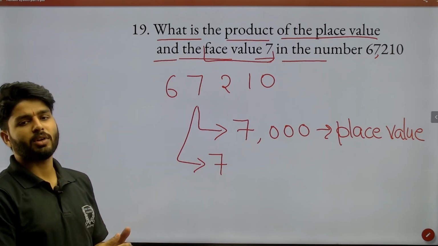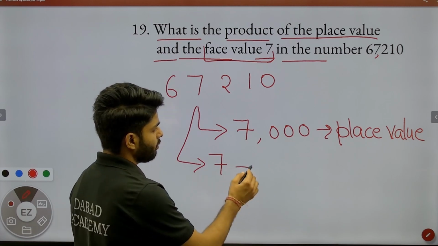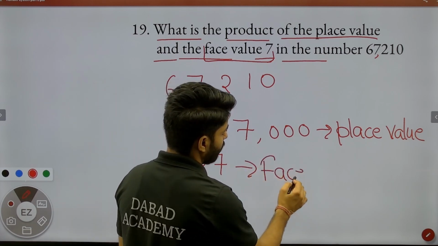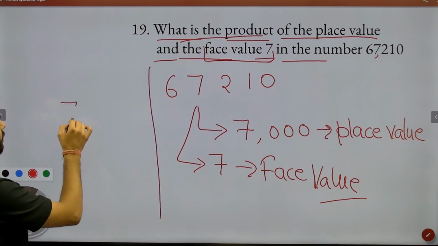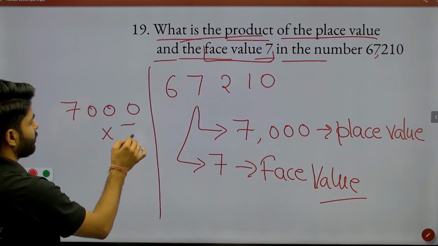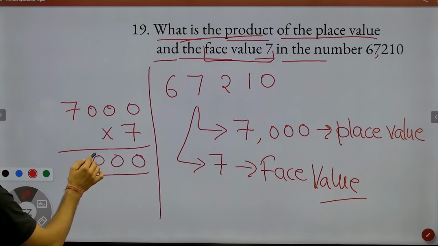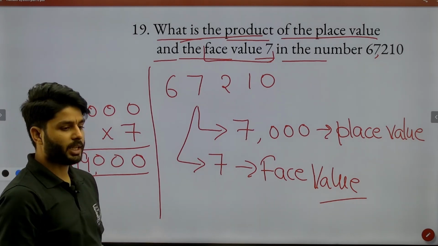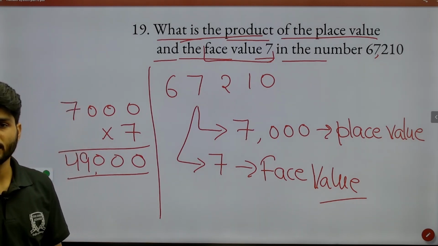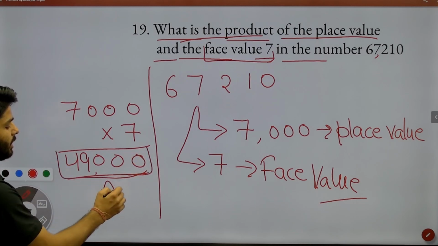It's like the face value of 5 is 5, 7 is 7, 6 is 6. Now we have both place value and face value of 7. Now he wants the product, so we have the product of 7,000 and 7, and product means multiply, that is equal to 000, and 7 times 7 is 49. So the product of place value and face value of 7 in the number 67,210 is 49,000. This is the correct answer.